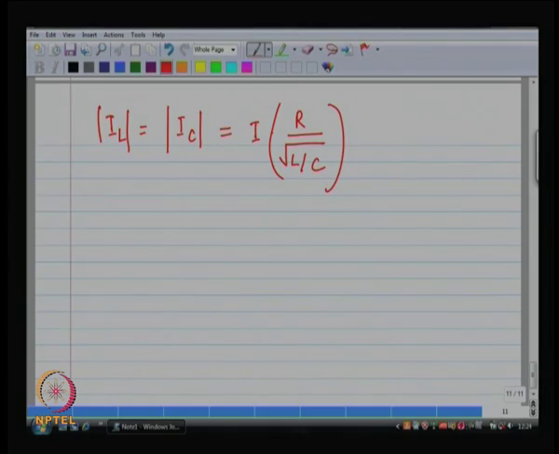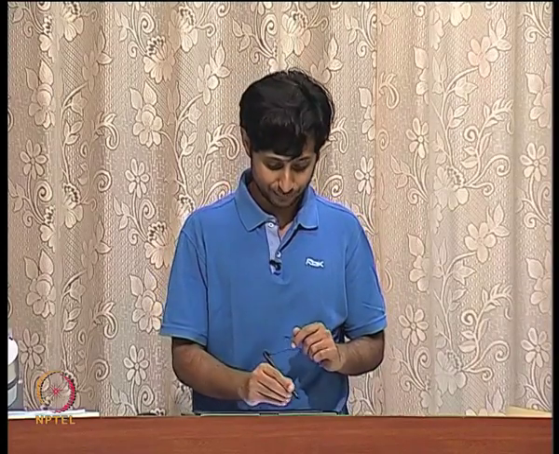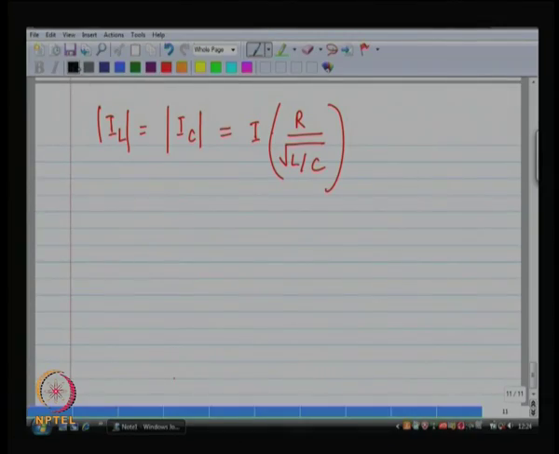Okay. This factor is defined as the quality factor. Actually, that is not the definition of the quality factor, but it so happens that we call this, let us call this Q. Let us call this Q, all right. Now, this number can be anything.